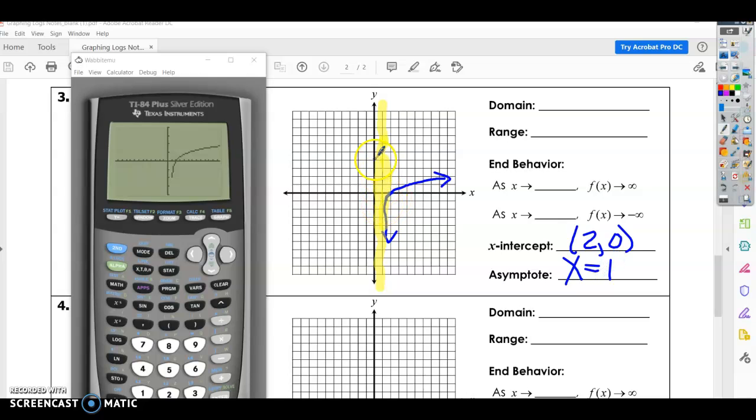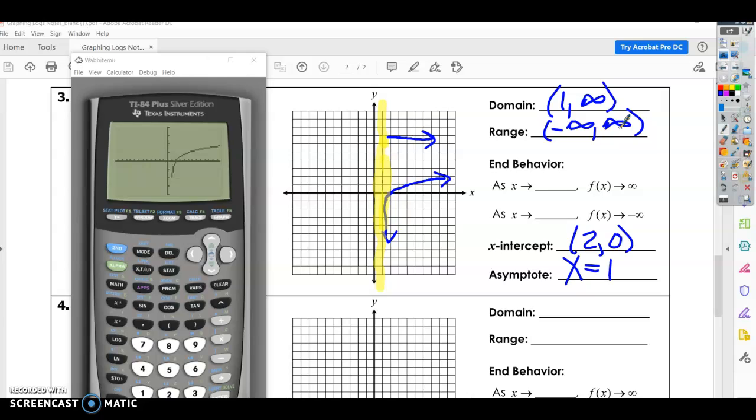And the domain, again, is going from this line, your asymptote line, over. So the domain is going to go from 1 to infinity. And the range is going up and down both directions with arrows. So that means all real numbers.